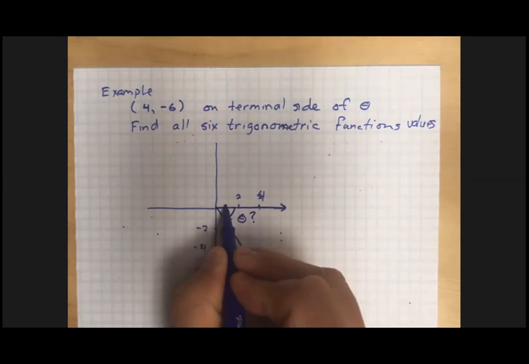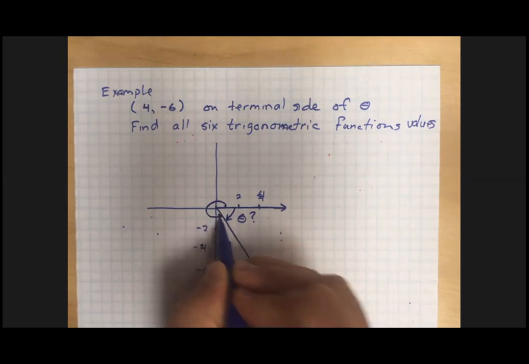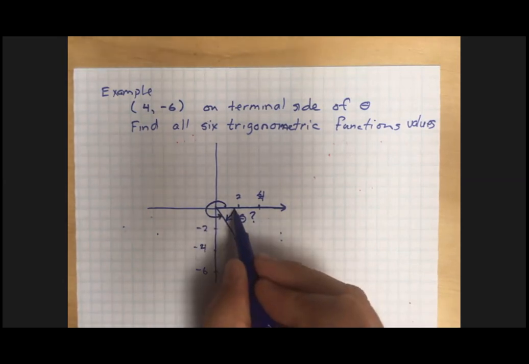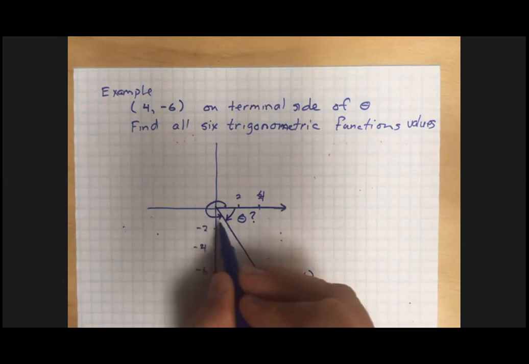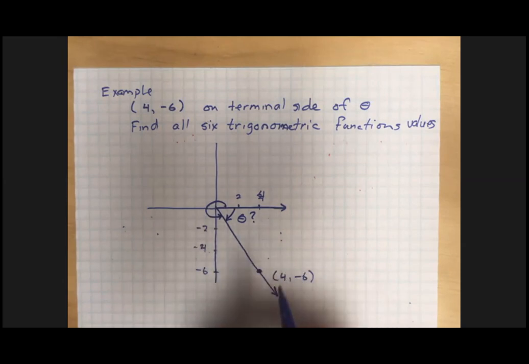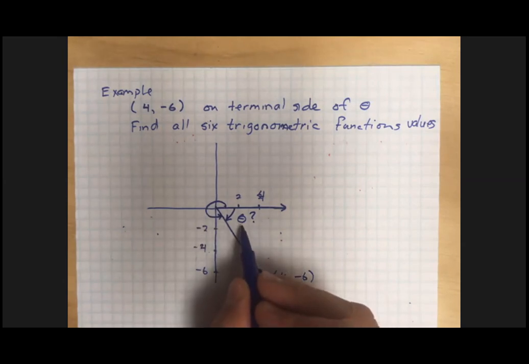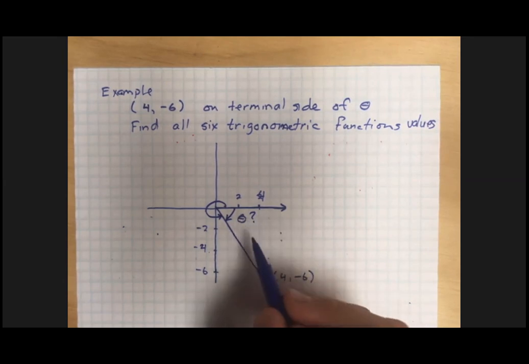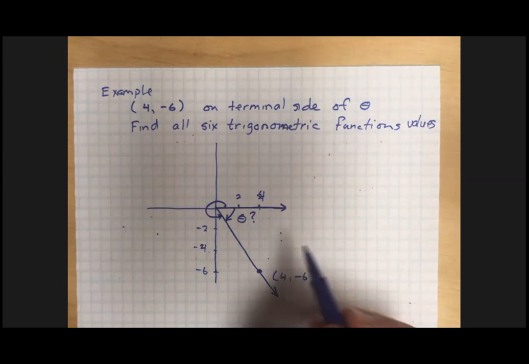I could say the angle is either negative something or positive something, but I don't need to name the angle. If I was guessing, I would say probably negative 55 degrees. Maybe it looks like negative 60 to you. But I don't need to name the angle because I have the x and y.